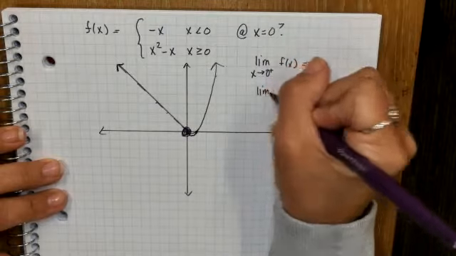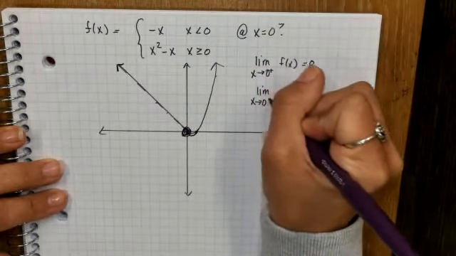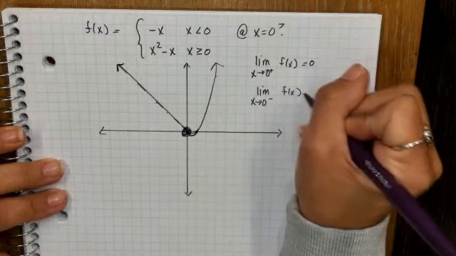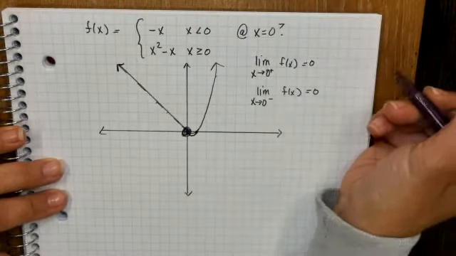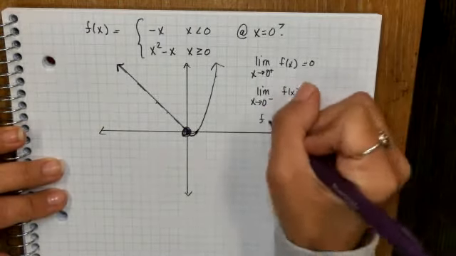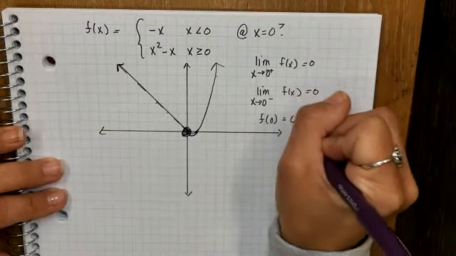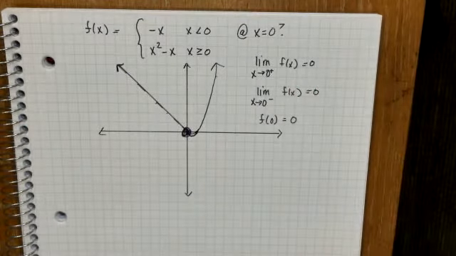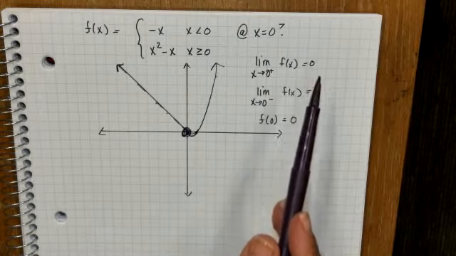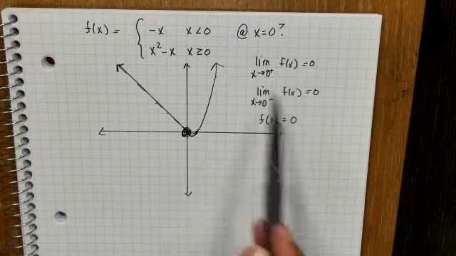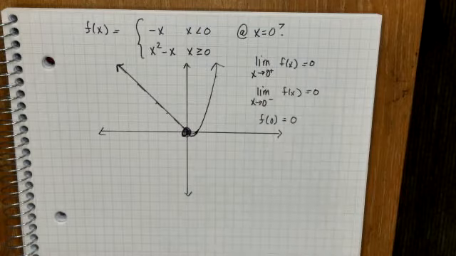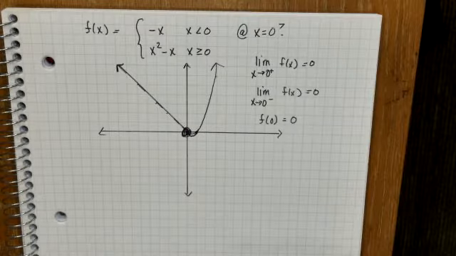The limit as x approaches 0 from the left of this function is 0. The value of the function at 0 is 0. So this function is indeed continuous at 0. The right hand equals the left hand, therefore the overall limit exists, and the value of the function is the same as that limit, so it's continuous. I know that wasn't part of the question, but we were going to do that anyway.